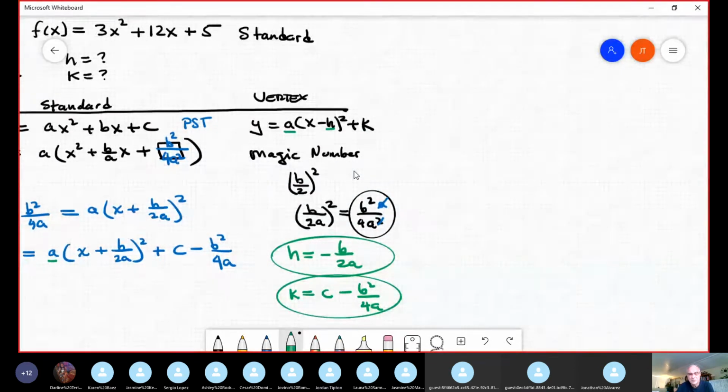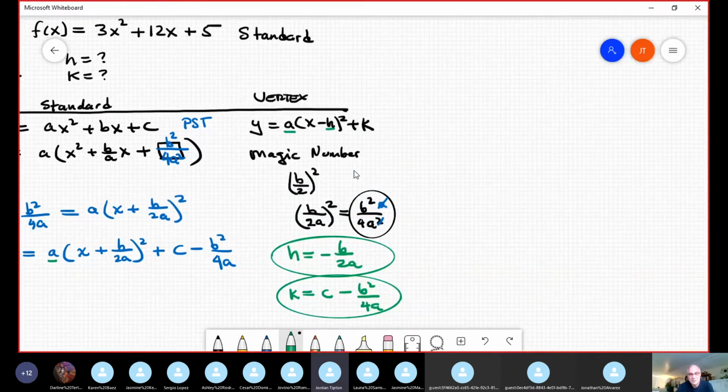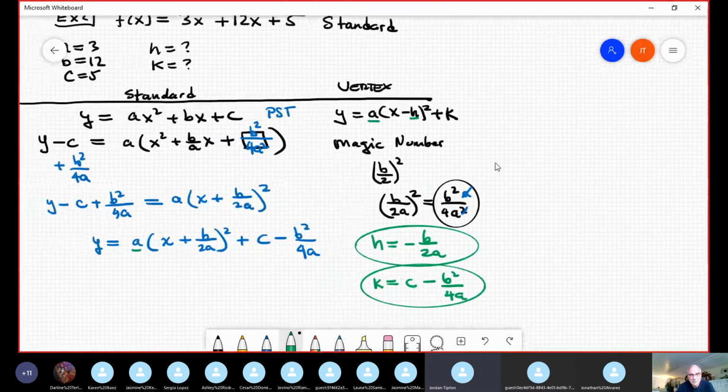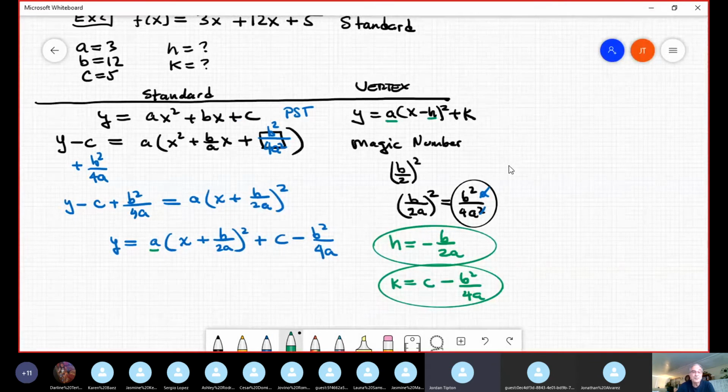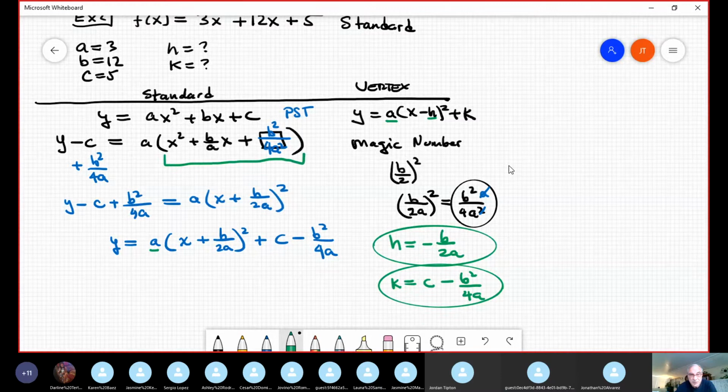Go ahead. I'm sorry, can you explain that one more time, going from the factorization plus C, and then how did you get x plus B over 2A? Remember, it's okay. Remember, this trinomial is a perfect square. And the factorization of a perfect square consists of only one parenthesis because they are twin brothers. This x is the square root of this x squared.